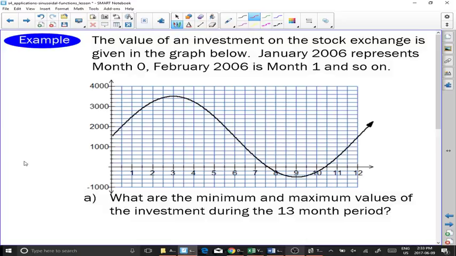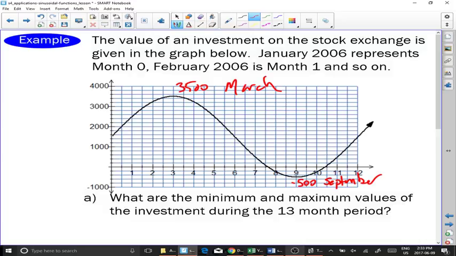Well, the minimum value is negative 500, and it happens in September. And the maximum value is 3,500, and it happens in March.